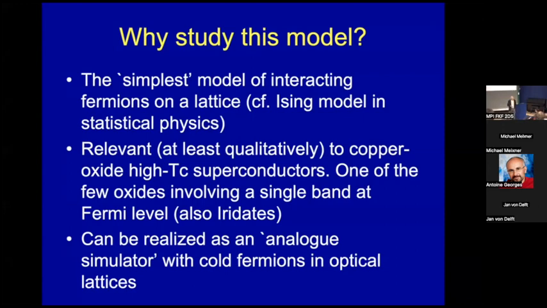So I think this is an increasingly important motivation to study this model. But the really important thing is that it's playing the same sort of role conceptually as the Ising model is playing in statistical mechanics. It's the archetypal model of strong correlations. So it's very important to our field.